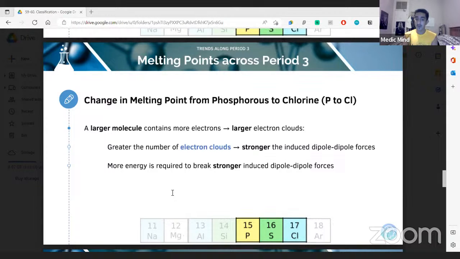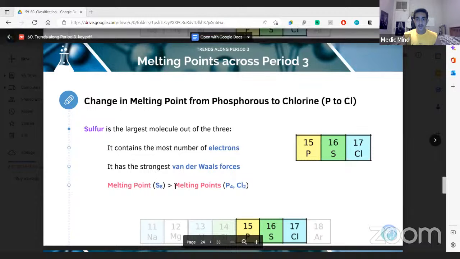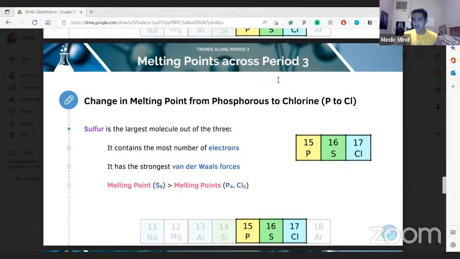And so therefore, more energy is required to break these stronger induced dipole-dipole forces. And because sulfur contains the most electrons, sulfur contains the strongest van der Waals forces, which means that sulfur will have the highest melting point.